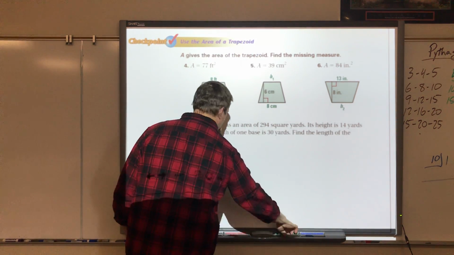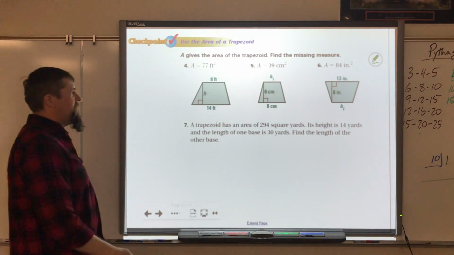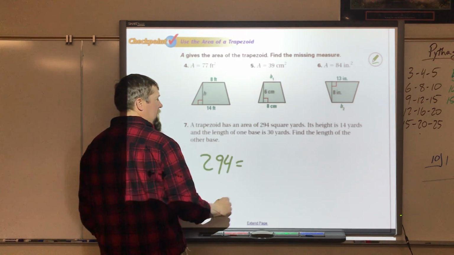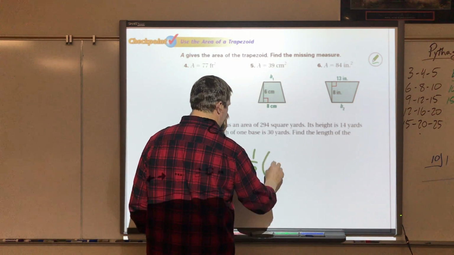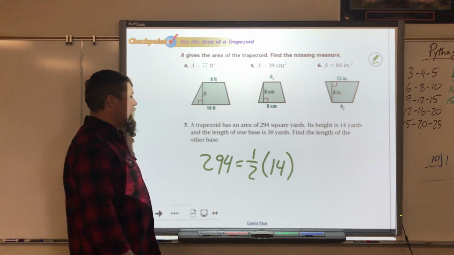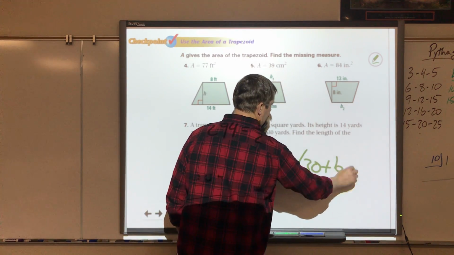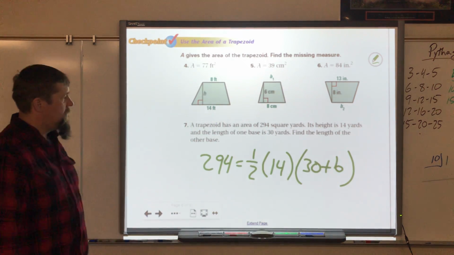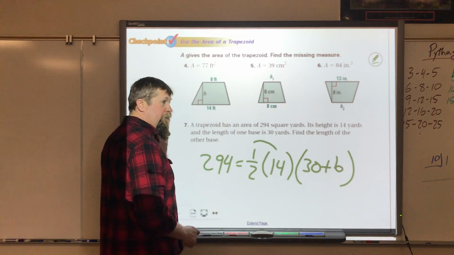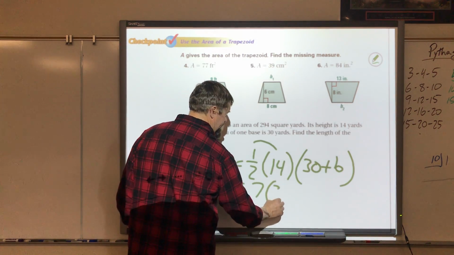Okay, let's do this bottom one. A trapezoid has an area of 294 square yards. So 294 equals, its height is 14. So 1/2 of 14. The length of one base is 30. We don't know what the other one is, so 30 plus B. Again, I can multiply this actually first rather than multiplying by 2, which is 7.